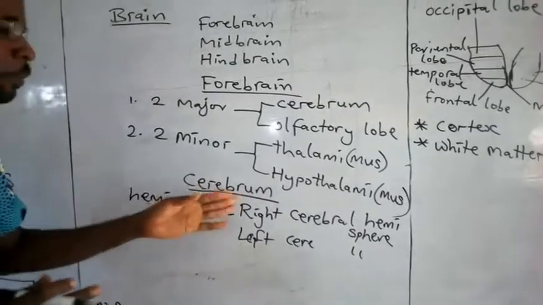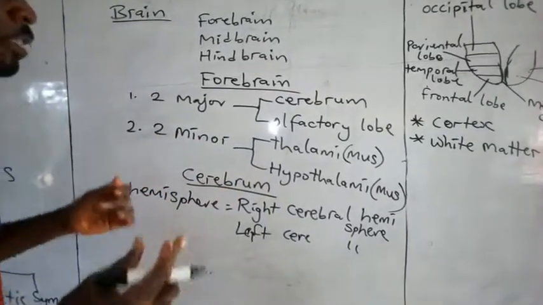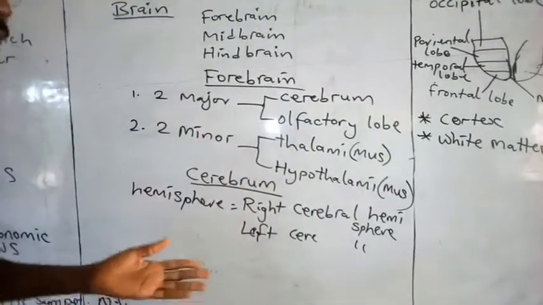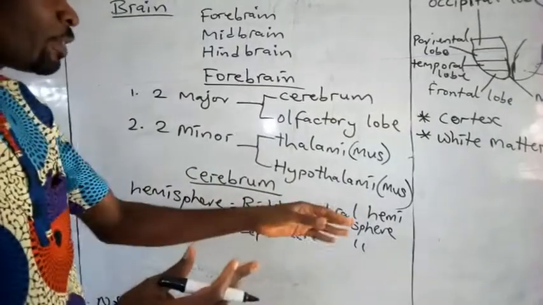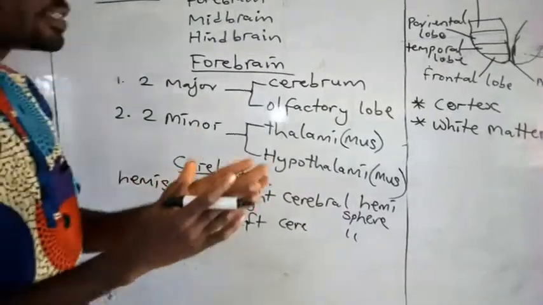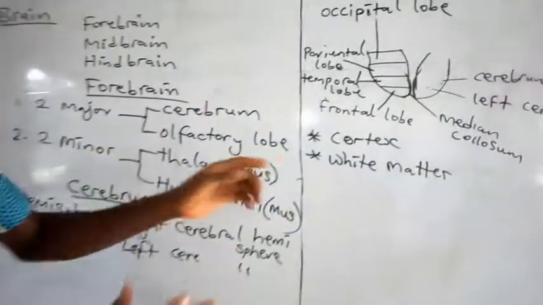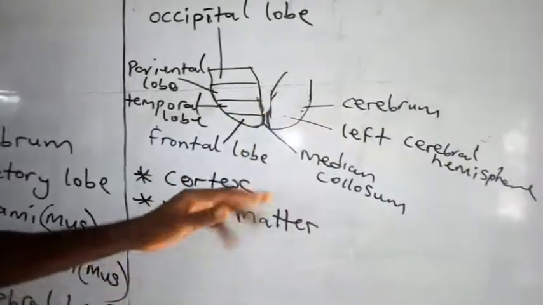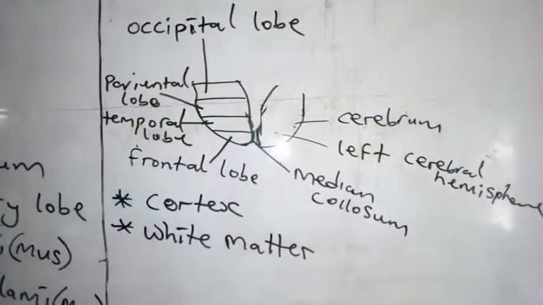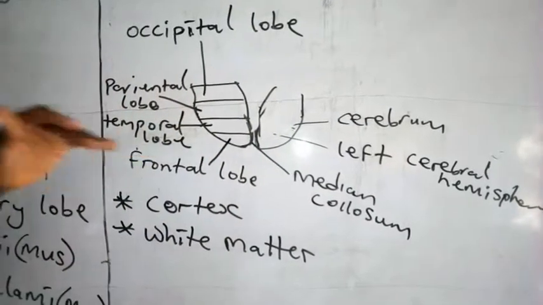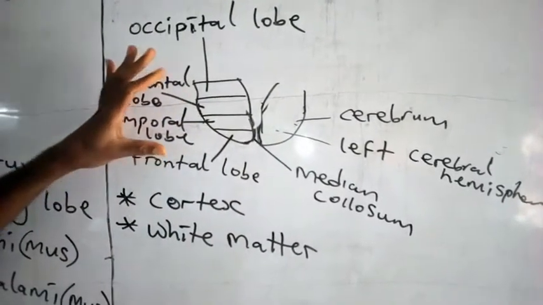Now we pick one of the major parts, being the cerebrum. I said the cerebrum is the largest part of the brain. It is made up of two hemispheres, the right and the left cerebral hemisphere. And these hemispheres are separated by a furrow. This furrow is known as the medial callosum. Each of the hemispheres is further divided into four lobes.